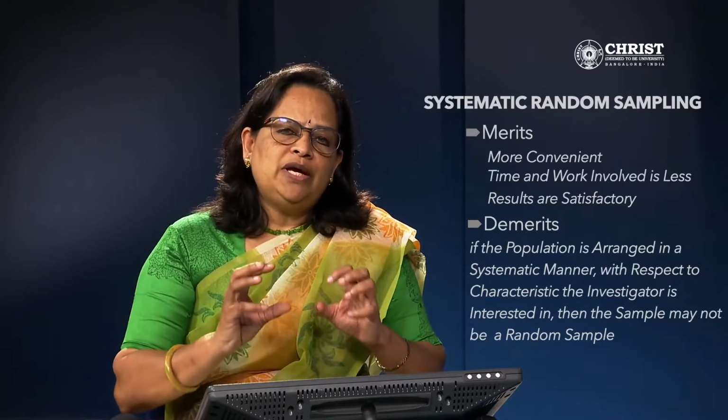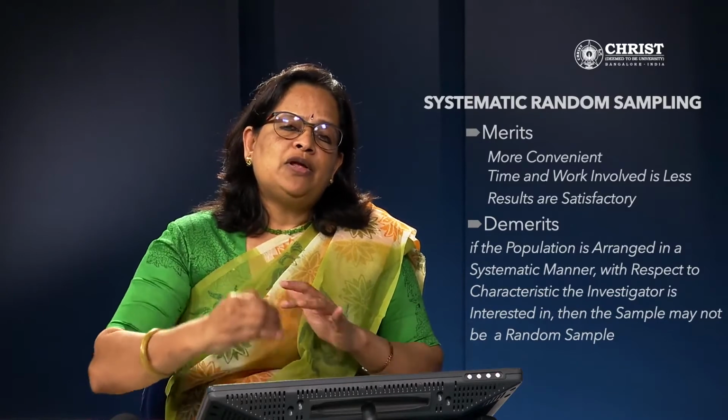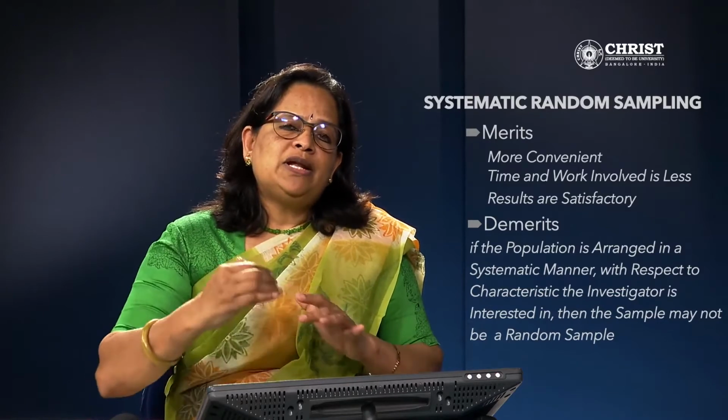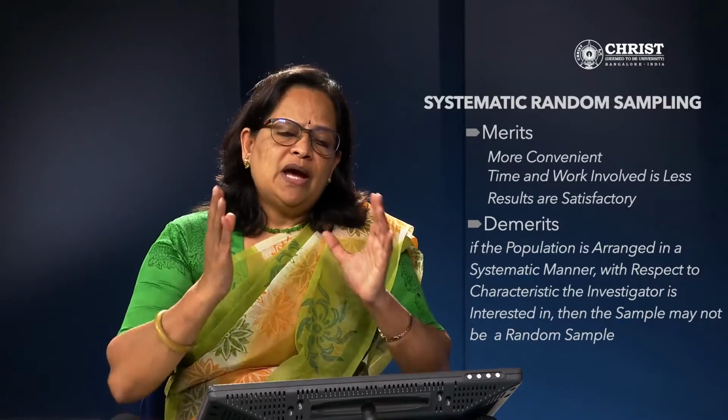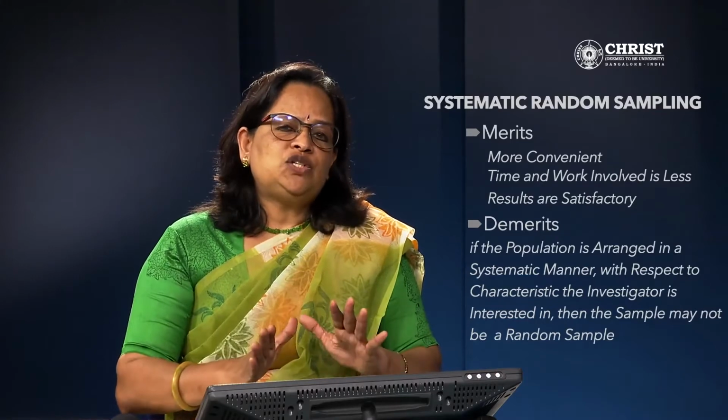So I am including only those workers whose wages are very less. In an organization, there will be people who are getting middle income or high income. All these categories will be there. But I want to prove that the wage structure is very less and not satisfactory, and I am including only workers in the population who are drawing very less salary. So this is the demerit.